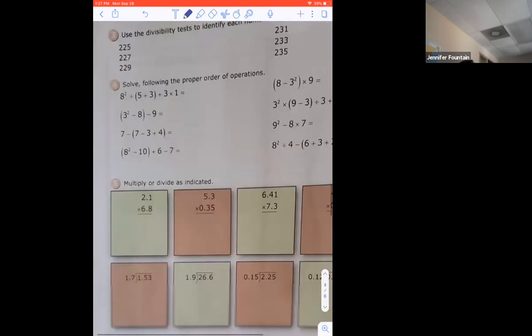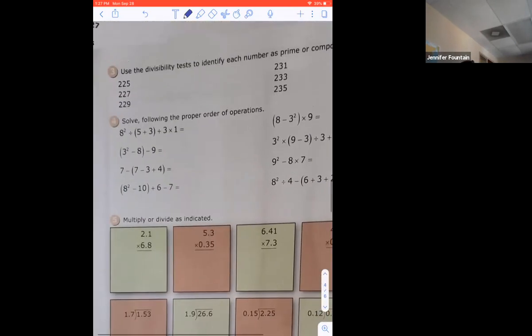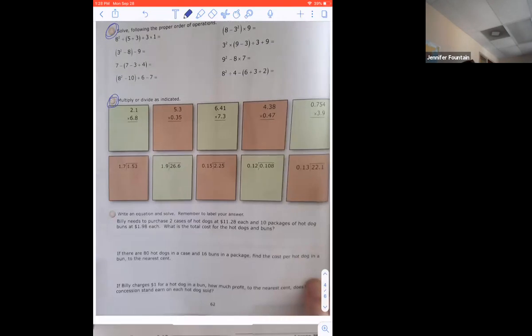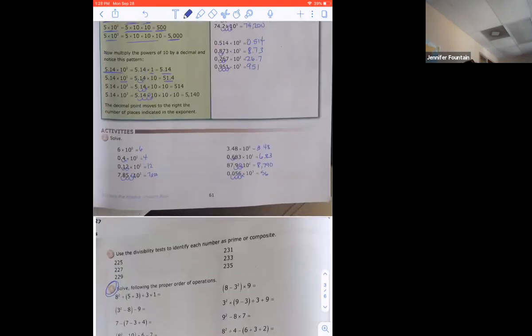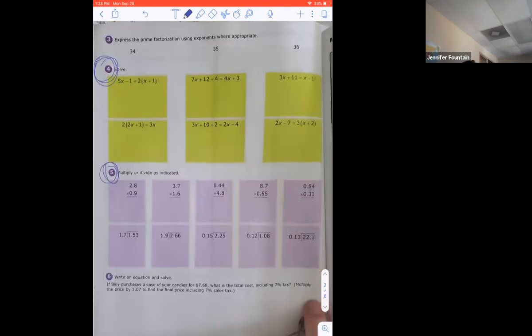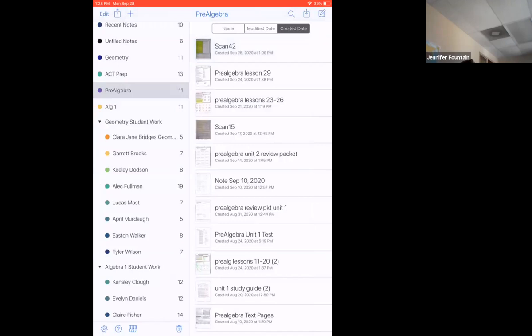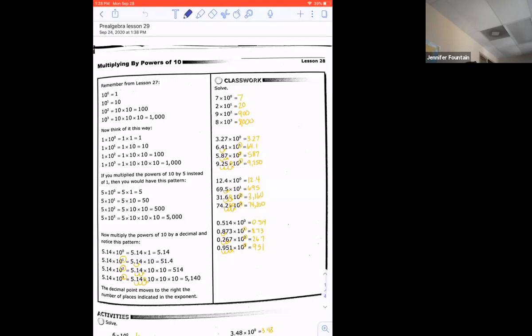Okay, so on the next page, we will have activities 4 and 5. One of the things I do want to mention, as I was going through and grading homework, one thing that I wanted to show, let's see which lesson it was.